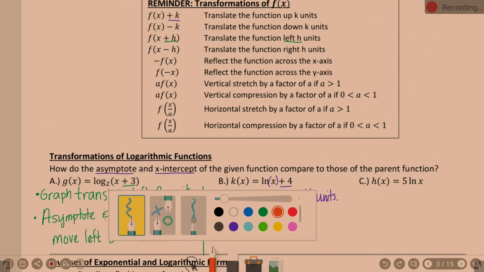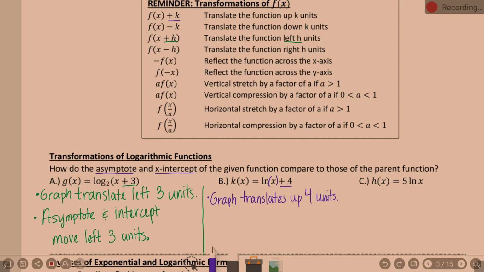So asymptote stays the same, or does not change. And the x-intercept, all I'm going to say is it does change. You don't have to give me the new one, thankfully.